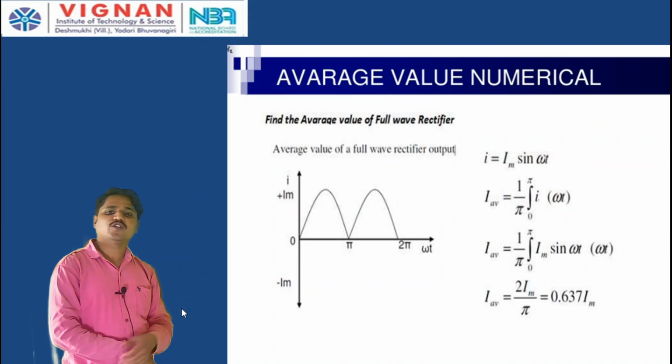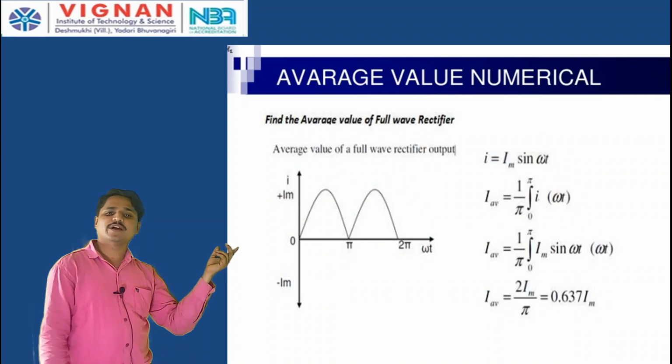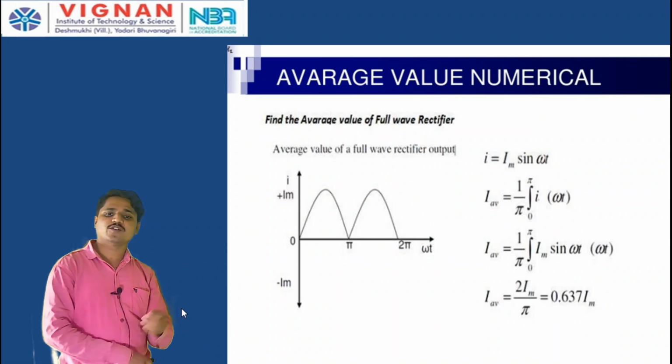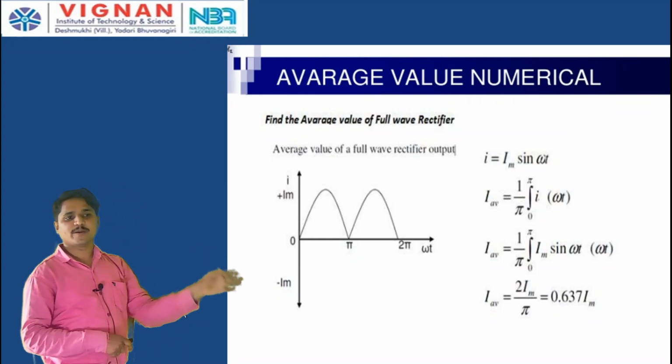The integration of sin omega t is minus cos omega t, with Im by pi outside. Apply the limits: cos pi is minus 1, so minus into minus gives plus 1, minus cos 0. Cos 0 is 1, so we get plus 1 plus 1, which is 2. Therefore, you will get the answer 2 Im by pi.